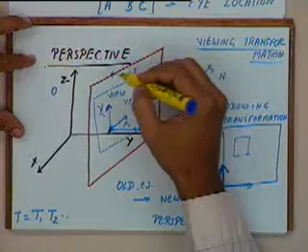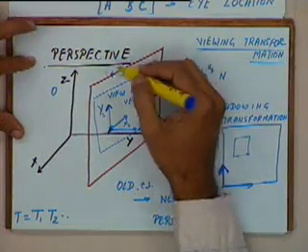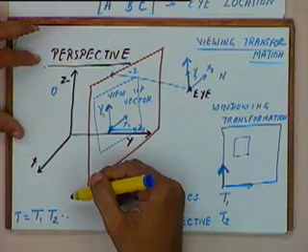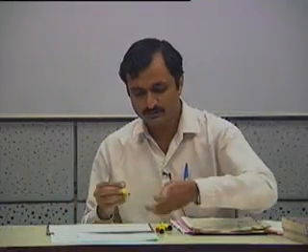So this is how, if you have an arbitrary coordinate system, you can transform that onto the coordinate system of the screen using the perspective projection. Almost a similar thing can be done if you are using parallel projections.